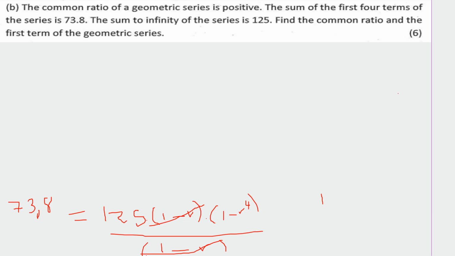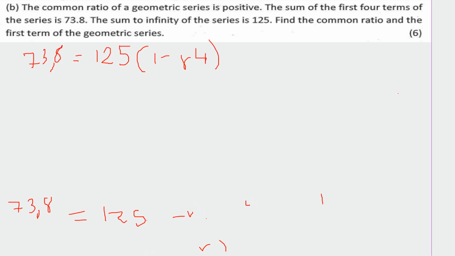So now after 1 over 1 minus r cancels out, we will be left with 73.8 being equal to 125 into 1 minus r to the power of 4.